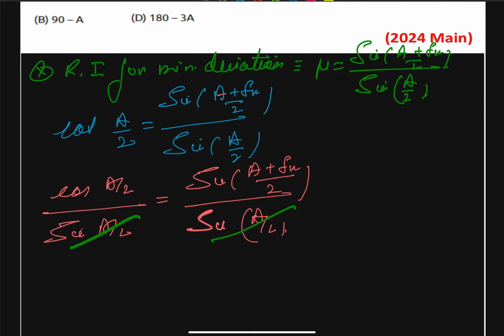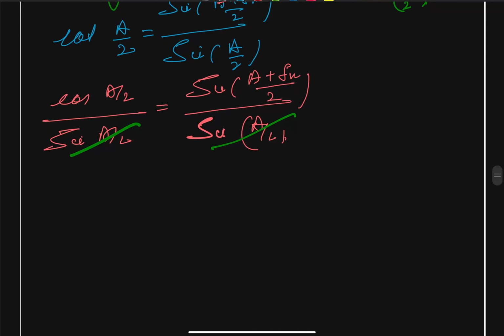We are left with cos A by 2 is equal to sine of (A plus delta m) divided by 2.